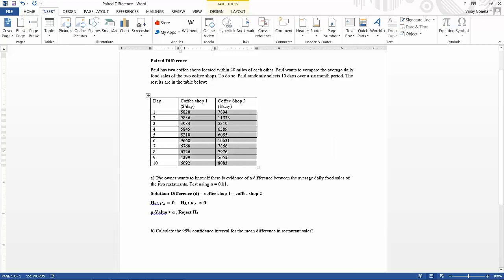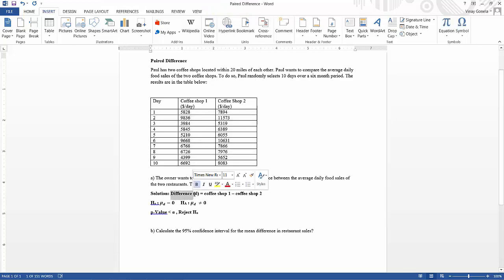So the first question is, the owner wants to know if there is evidence of difference between average daily food sales of the two restaurants, and we want to test using a significance level, alpha of 0.01. To do hypothesis testing, the first thing is we have to define the difference, which is coffee shop 1 minus coffee shop 2 for paired difference.